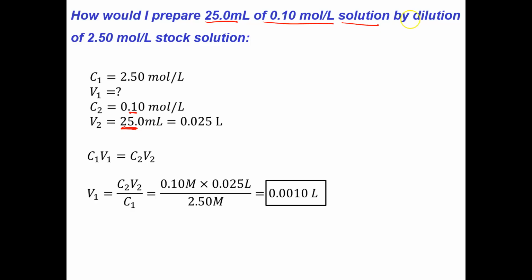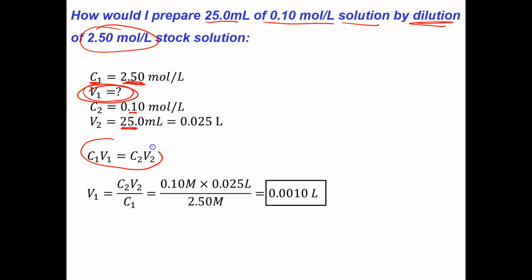How are we going to get this? By diluting 2.5 moles per liter of a stock solution. That is the concentration I'm starting with, C1, 2.5 moles per liter. The only thing we're missing is how much of the stock solution I need to take.